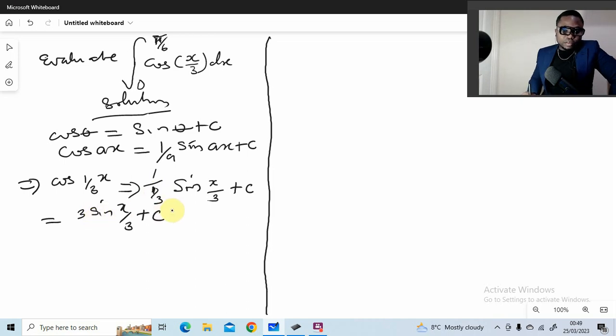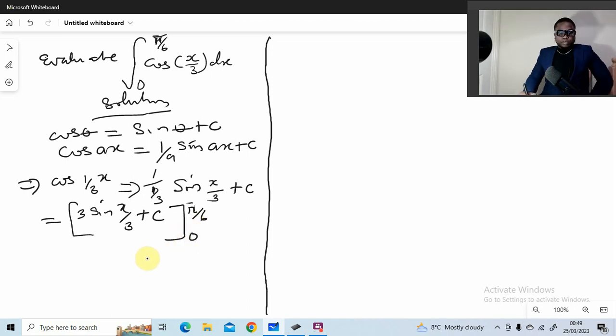This is the value of cos x over 3 when you integrate it using this formula. If you can remember the formula, that is very fantastic. Now remember we have the upper limit as pi over 6 and the lower limit as 0. So we substitute x with the upper limit pi over 6 and also with the lower limit, which is 0.